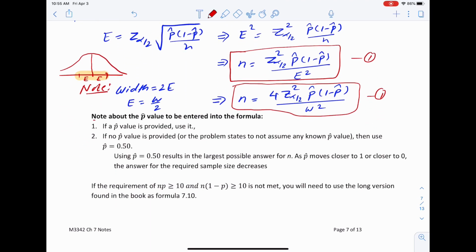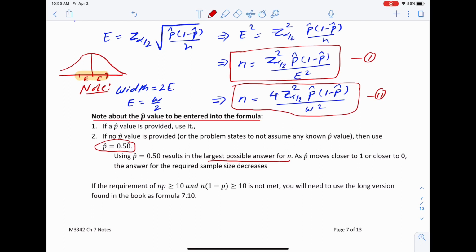Now a quick note about p hat. If you know p hat, just use that value in these formulas. Now if you don't have p hat, use p hat equals 0.5. That will give you the largest possible answer for n.